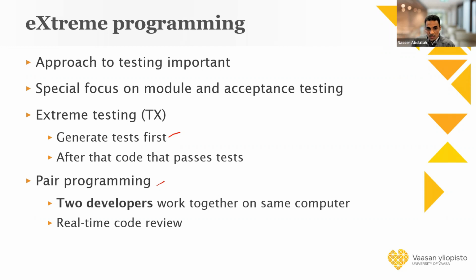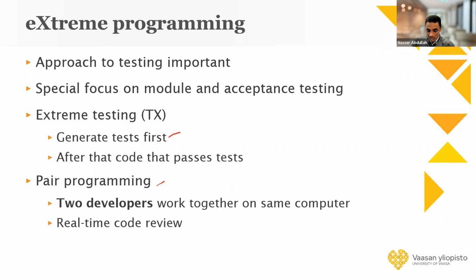So as we see, extreme programming can be considered as one example of the agile models. The difference, or the main point of extreme programming, is that we generate the test first in terms of testing. So we generate the test first, and then we code based on that test.